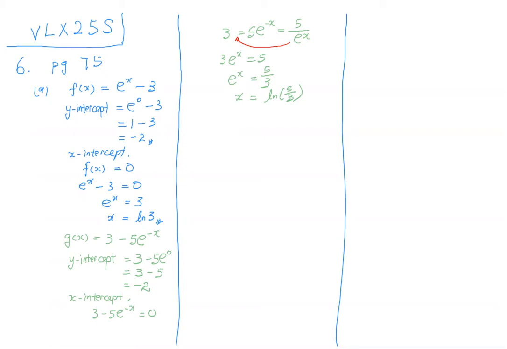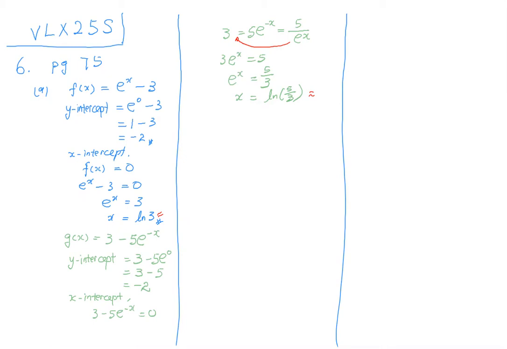Okay, now if you want to know which one is bigger, you may use your calculator to get the approximate value. Can someone tell me what is the approximate value for ln 5 over 3? Is it 0.51?